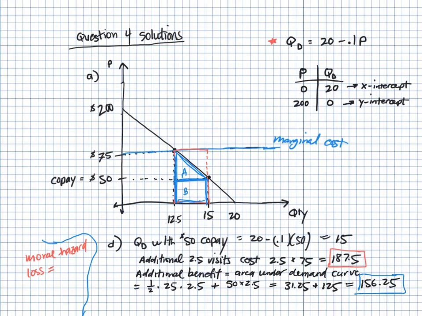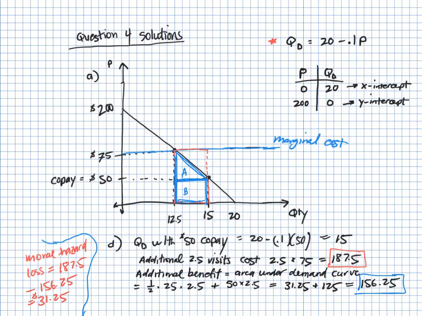So the moral hazard loss here is going to be the cost in excess of the benefits. In other words, we're going to look at the difference between the cost of those last 2.5 visits and the benefit. I should do that in red. This is going to be 187.5 minus 156.25, which is going to be equal to 31.25.